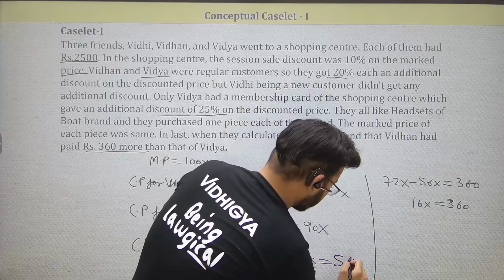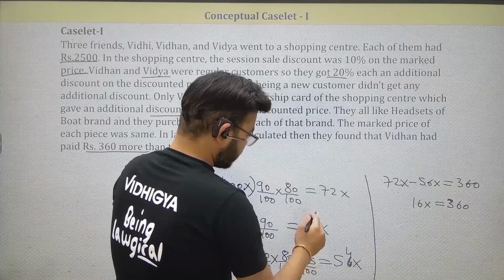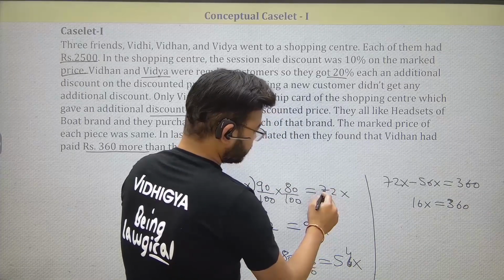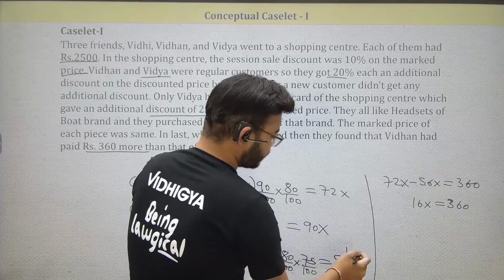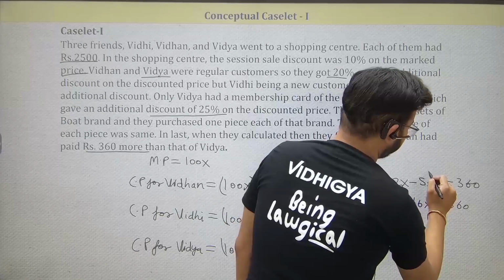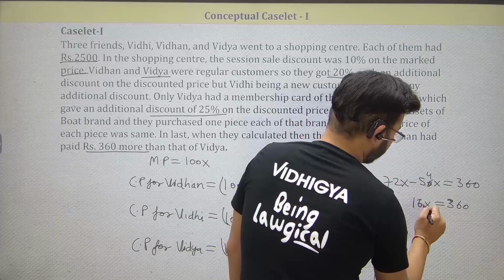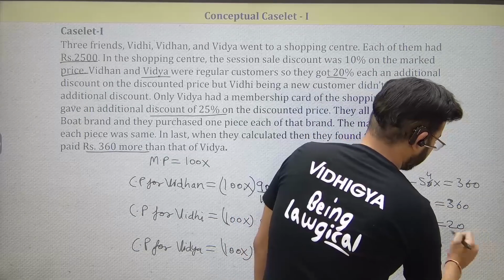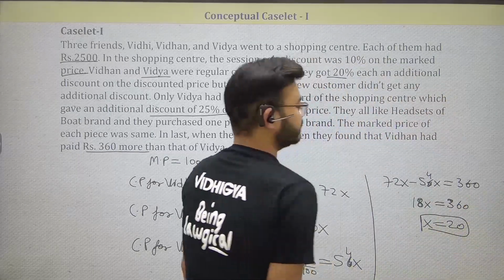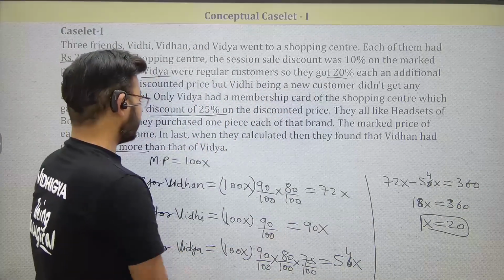Okay, this will not come out to be 56, this will be 54x, since 3 by 4 of 72 is 54x. Sorry, this will not be 56, this will be 54. 72 minus 54 comes out to be 18x. 18x equals 360, so x will be equal to 20.